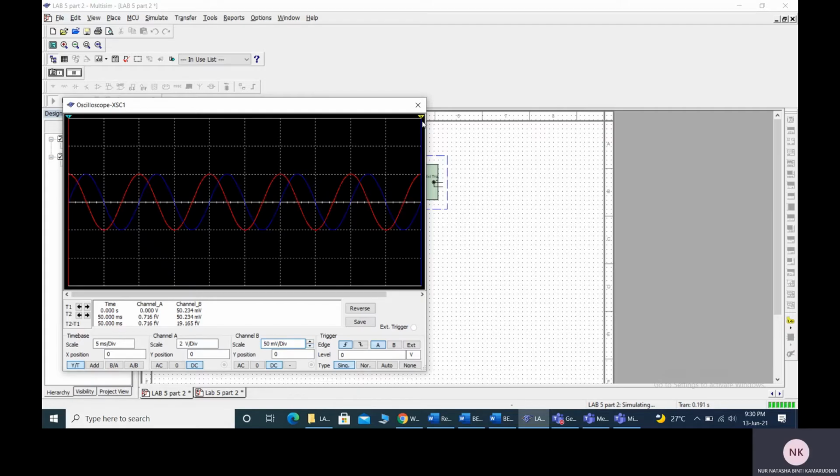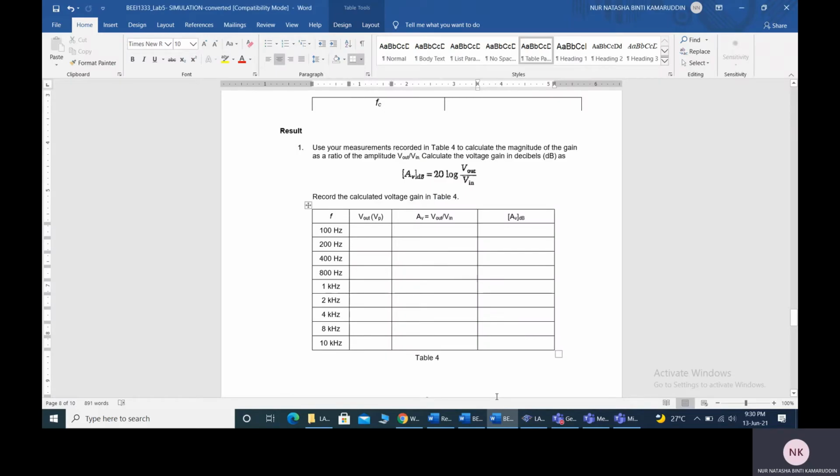Lastly, I will take the V out, which is I will move the cursor to the peak, and I get on channel B 50.221 millivolt. 50.221 times 10 to the power negative 3 gives 0.05.